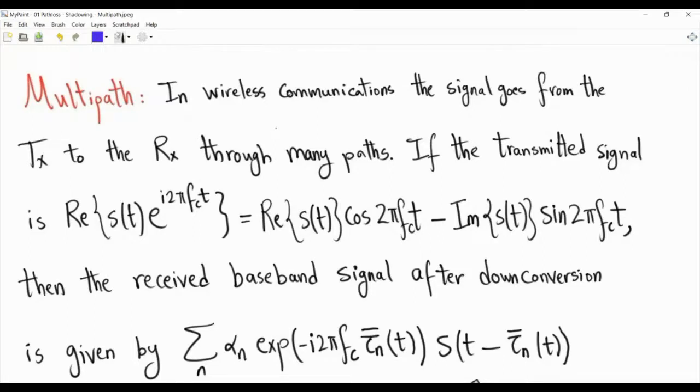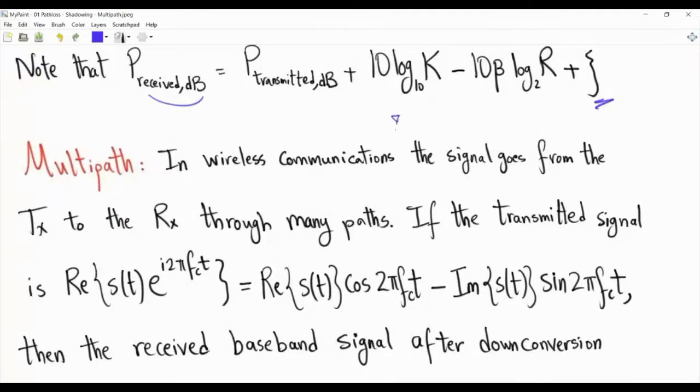Okay. So multipath, from its name, multiple paths. It means that whenever you have a transmitter and you have a receiver, then for the signal going from the transmitter to the receiver, there may be a line of sight or not.